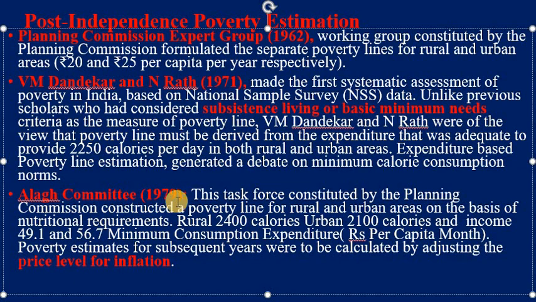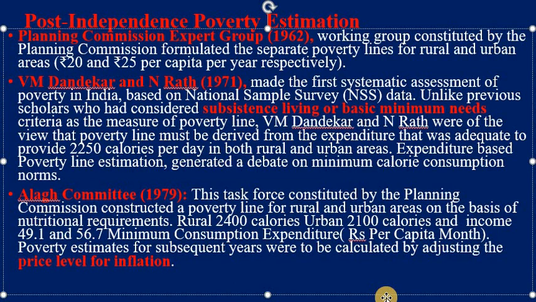Then the Alagh Committee in 1979 used another calorie norm only on the basis of nutritional requirements, that is rural 2400 calories, urban 2100 calories, and income between 49.1 and 56.7 minimum consumption expenditure per month per capita.